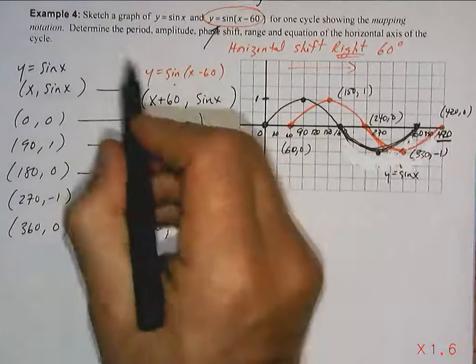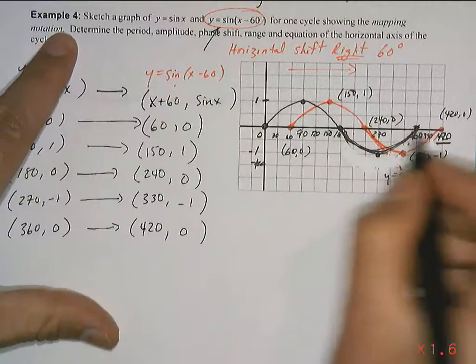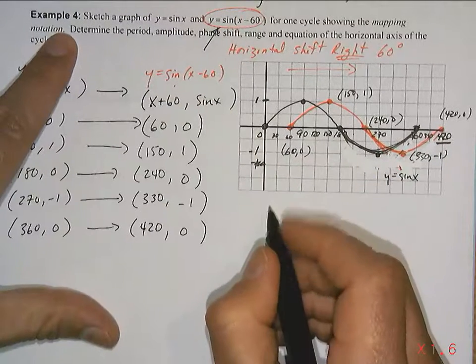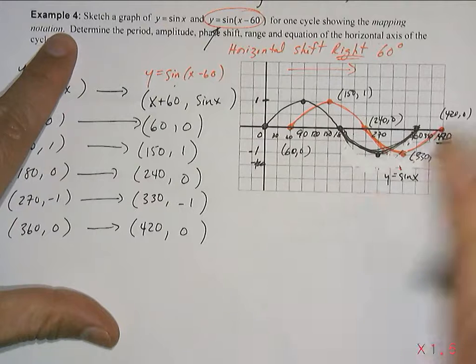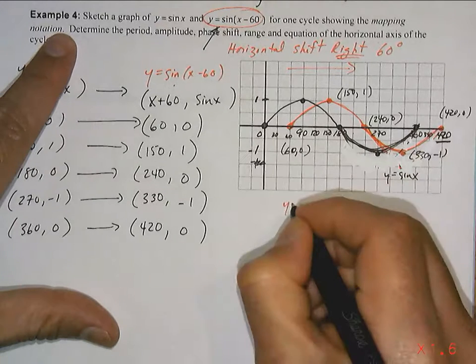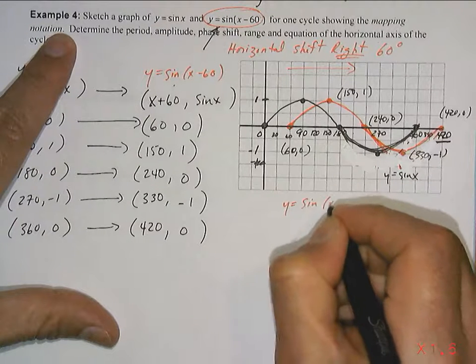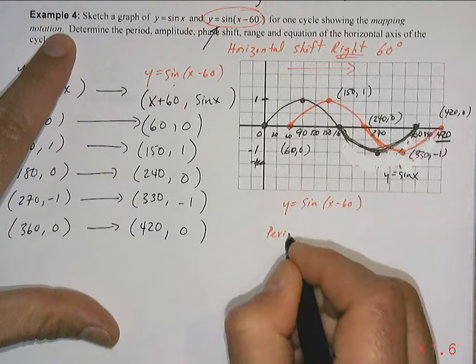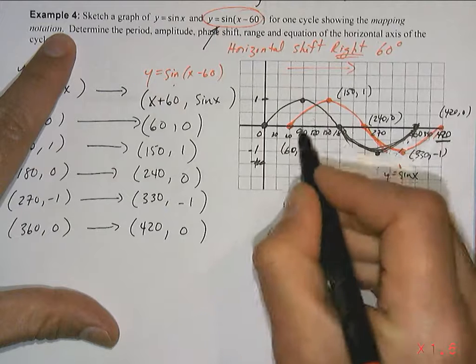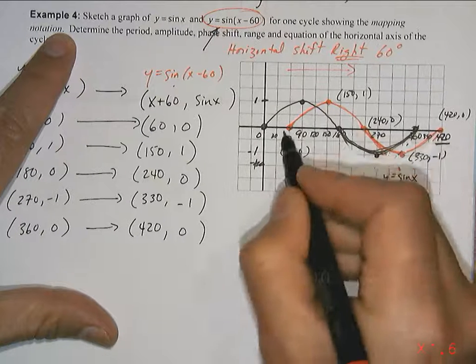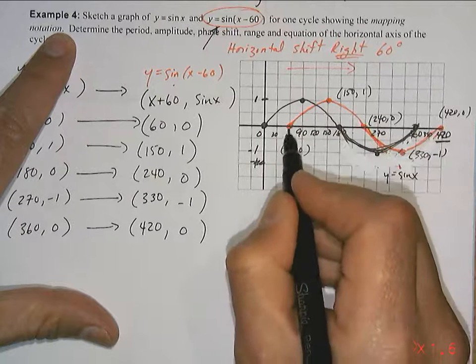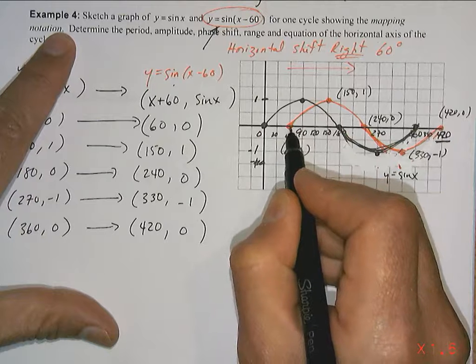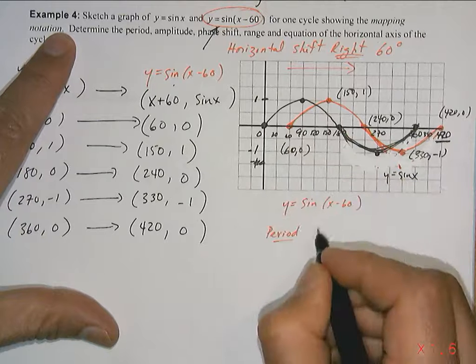So let's determine the period. The period of this did not change. Okay, so if we're talking about y equals sine of x minus 60, the number of degrees that it takes for one complete cycle did not change. It's still 360 degrees. The only difference is we go from 60 to 420.